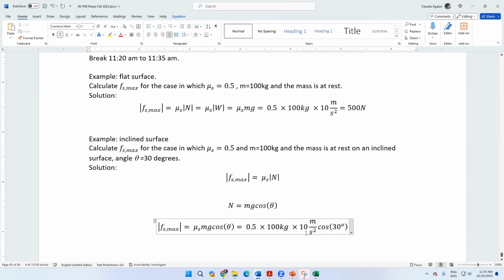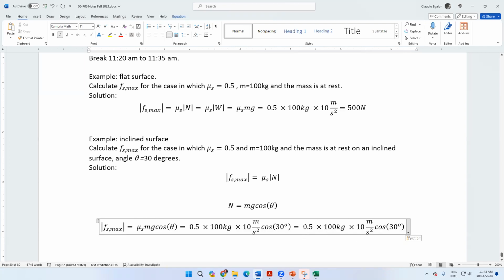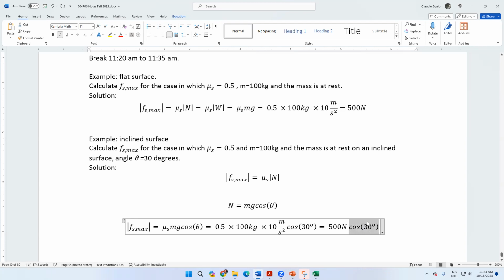This one is going to be 500 newtons, but the cosine of 30 degrees is going to be what?